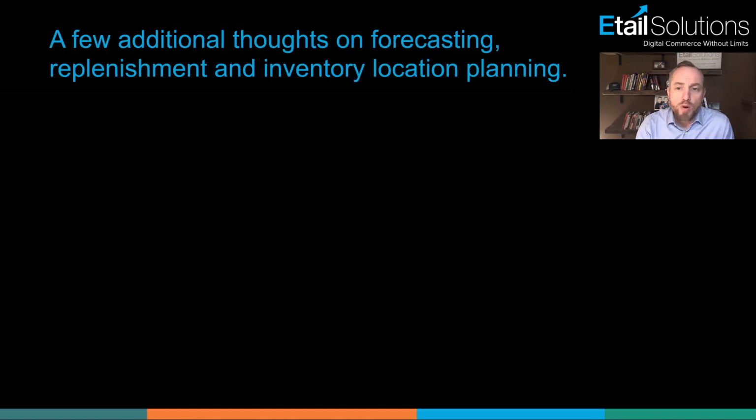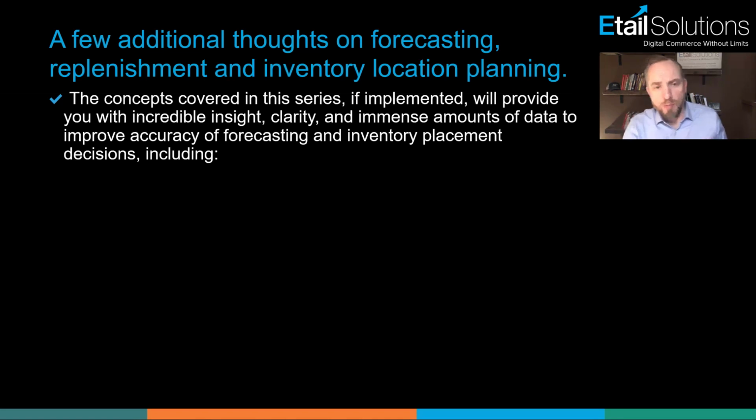Okay? So I want to come back to the concept that we talked about before around planning. And even though we haven't covered that specifically in a video, and who knows, maybe I'll do that in a future session, I want you to understand that the concepts that we cover in this series, if implemented, will provide you with a tremendous amount of data and insight as it relates to understanding how to make better decisions around forecasting and inventory planning.